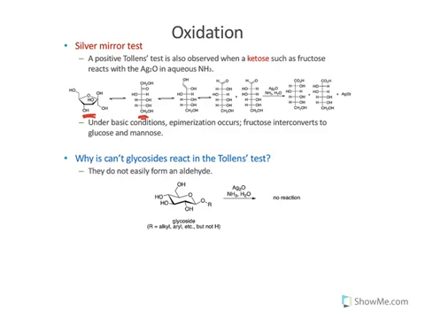So when there's a base, it undergoes tautomerism and then gets back to the sugar and it forms these epimers. The epimers can then be oxidized, and when we oxidize them, we end up forming, like in this case, gluconic acid. And then we also form mannonic acid.